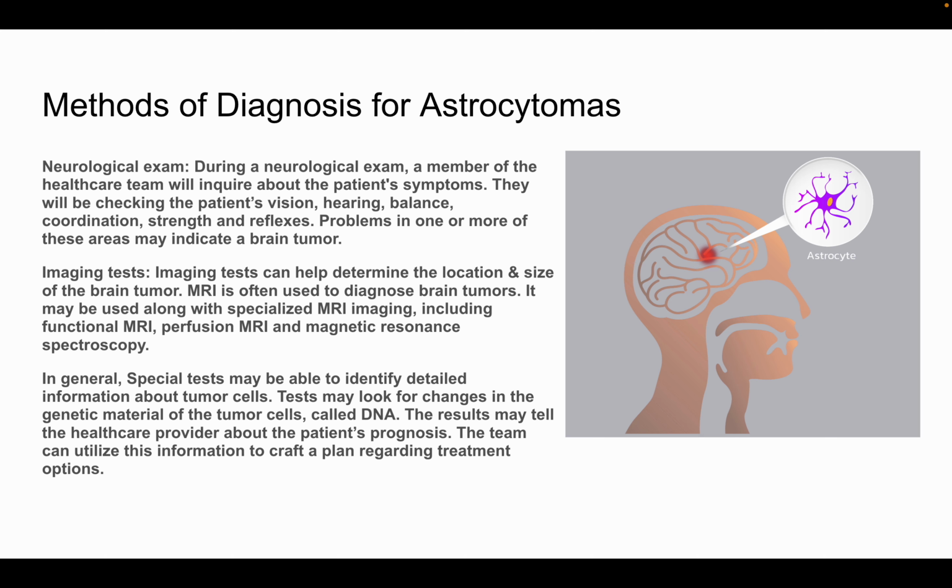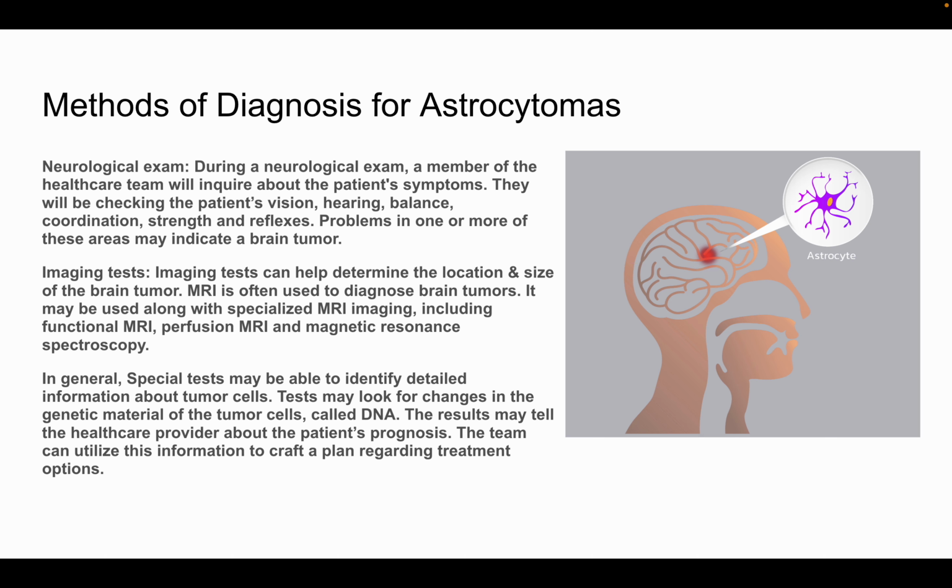Now, problems in one or more of these areas may indicate a brain tumor. We can also do imaging tests. Now, imaging tests can help determine the location and size of a brain tumor. MRI is often used to diagnose brain tumors.